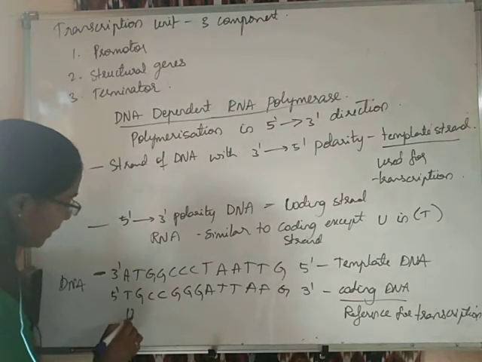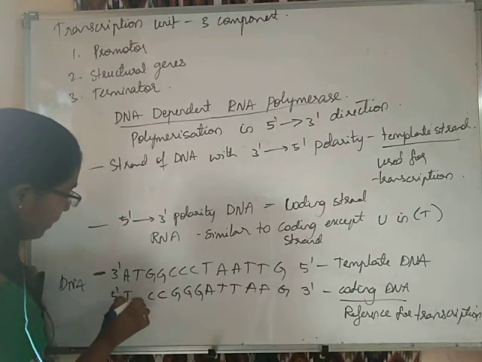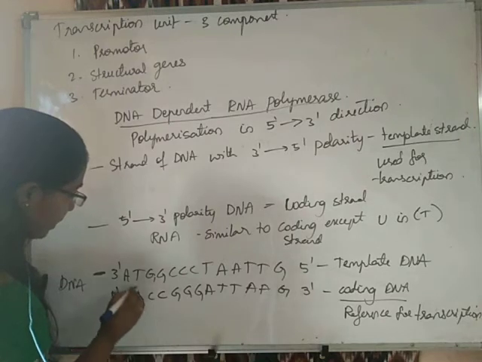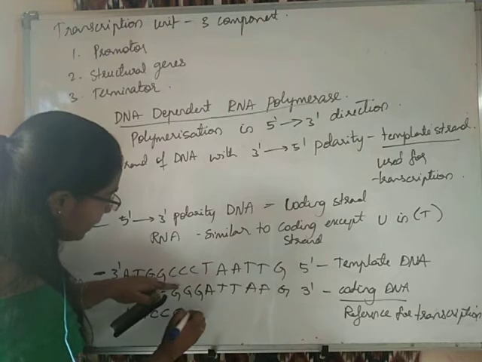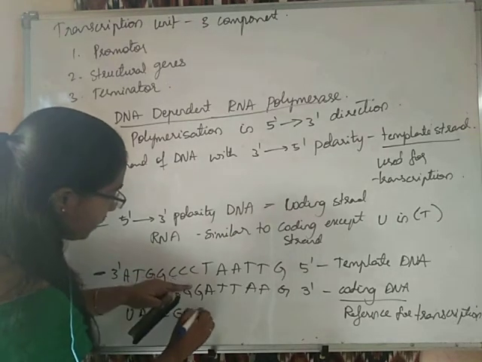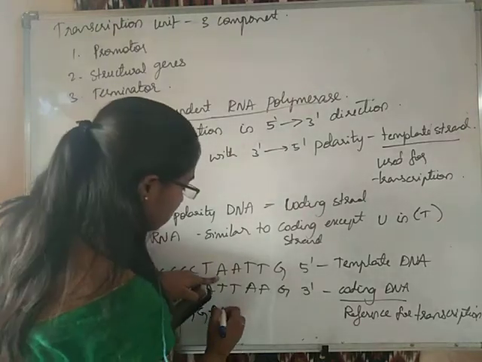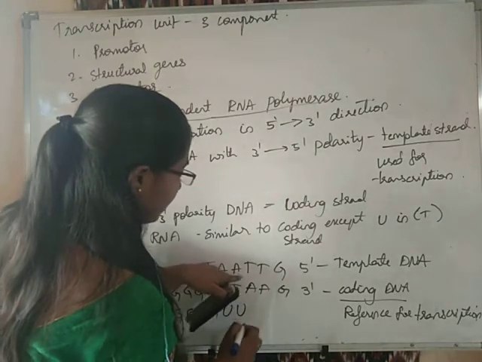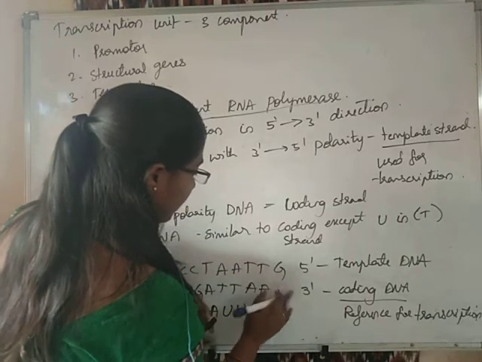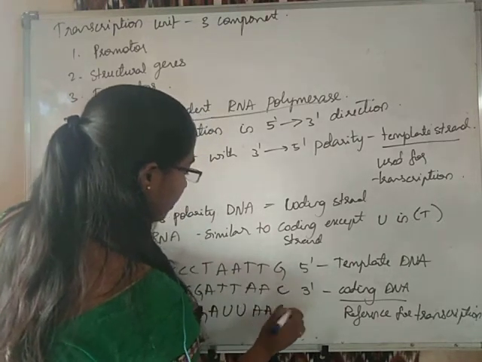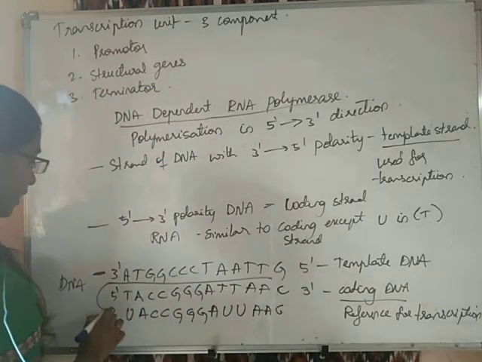Now, when the 3 to 5 template is transcribed, A pairs with uracil, T pairs with A, G pairs with C, and so on. In this way, using this first strand, this mRNA is produced.